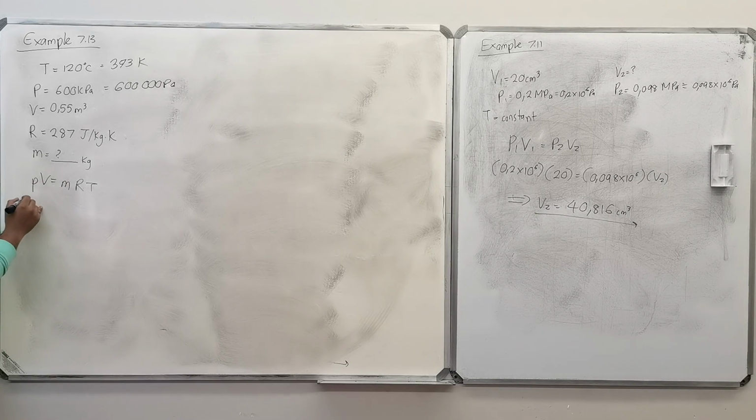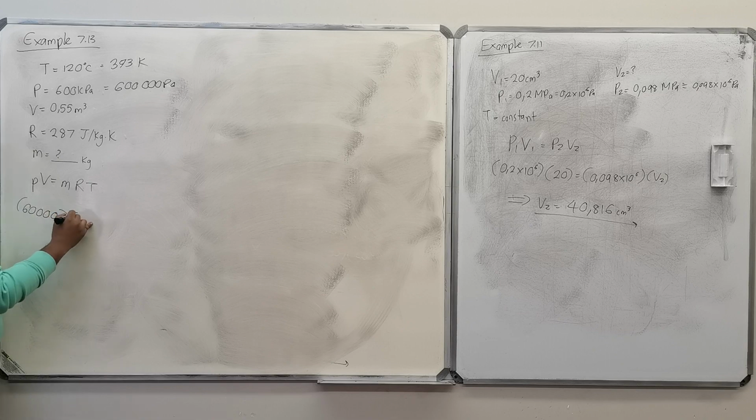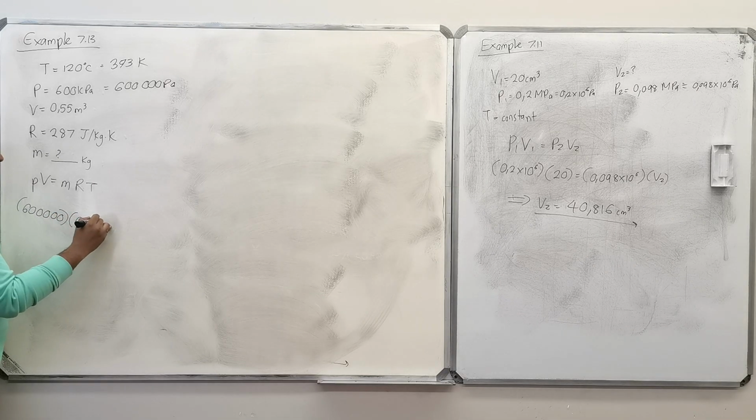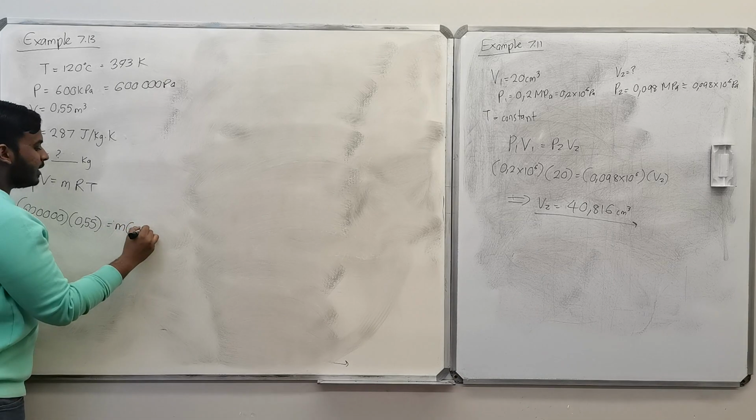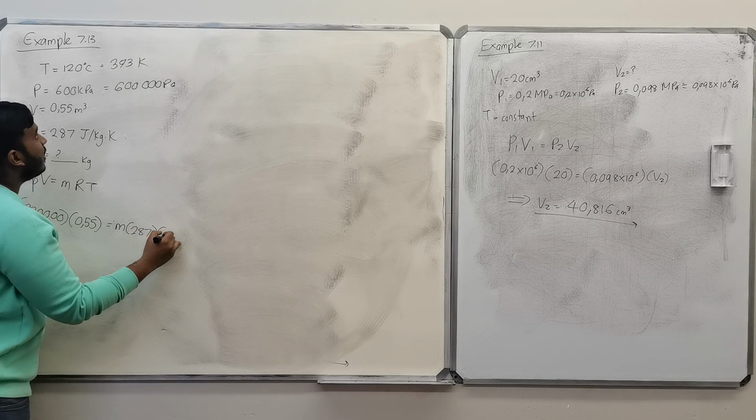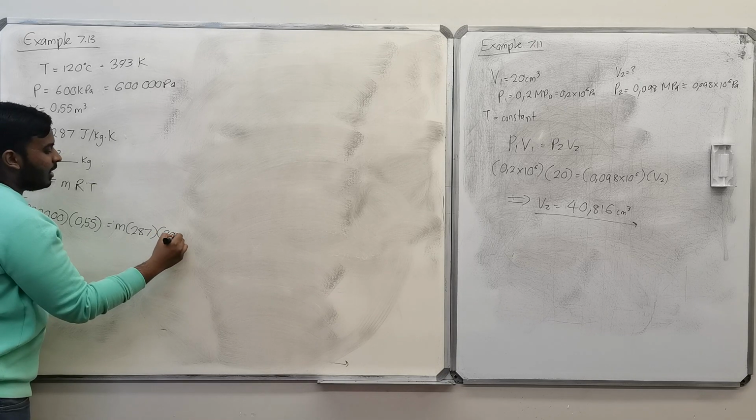So P is 600,000, V is 0.55, we're solving for m, R is 287, and T is 393.